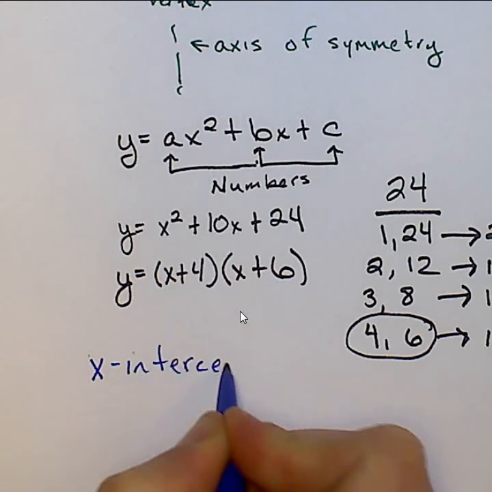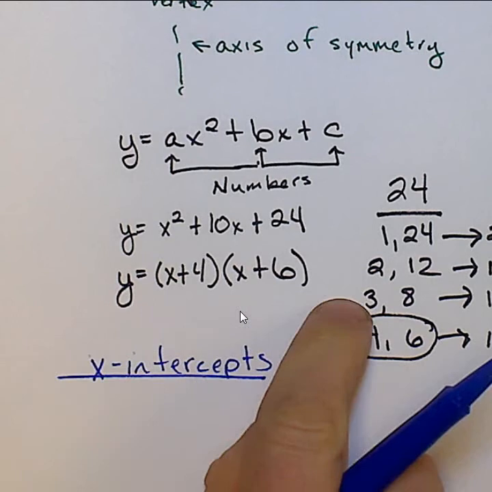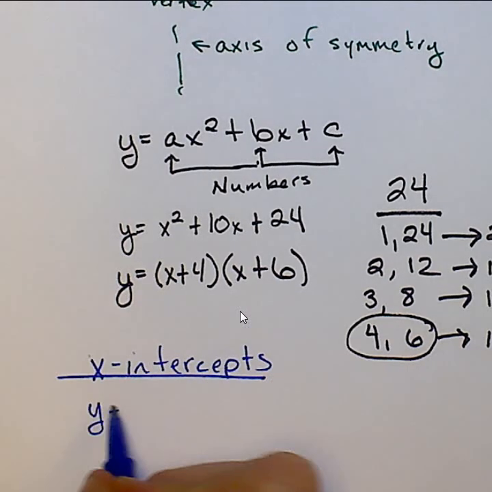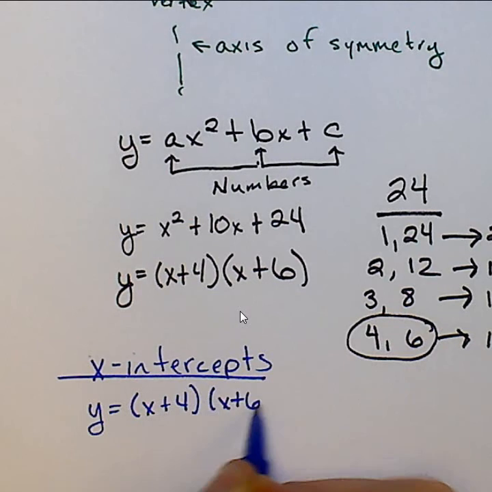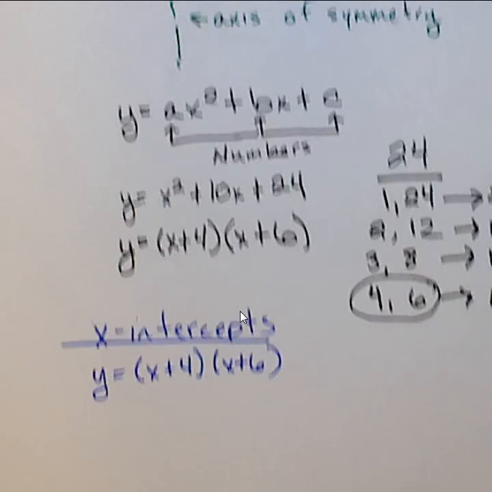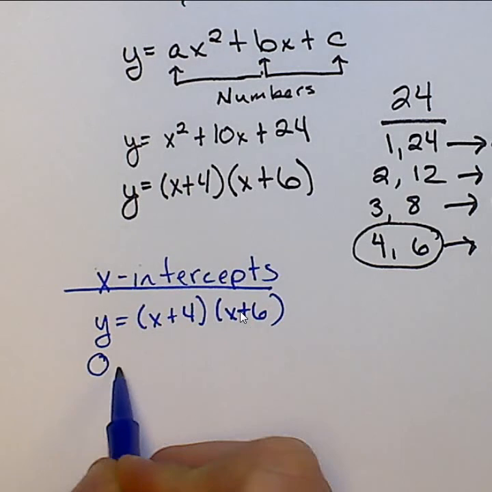if you can factor it to this form right here, y equals x plus 4 times x plus 6. And remember that these numbers are always going to change. If I can factor it to that, you know that what is always going to be 0? The y. So I can substitute 0 in for y.